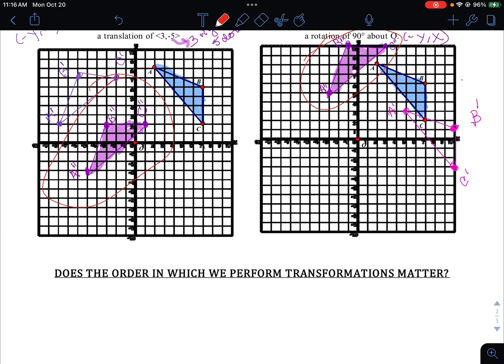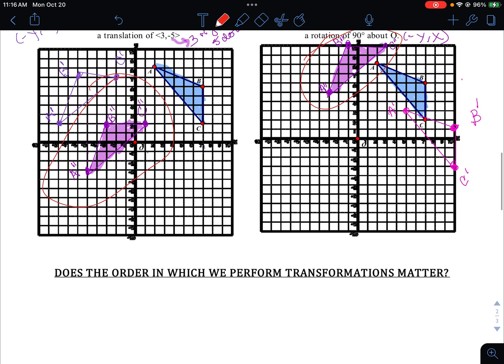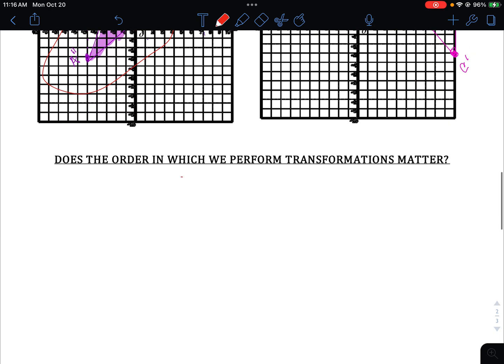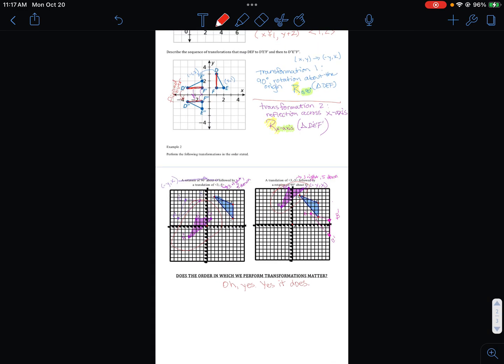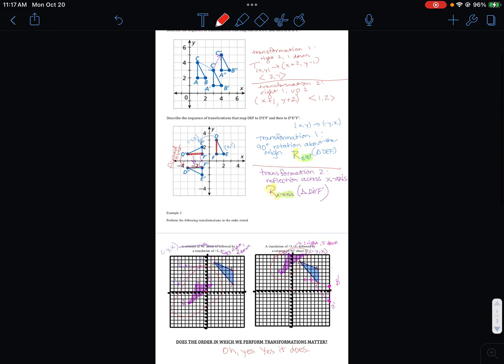They're not going to wind up in the same spot when you flip the transformations. So does it matter? Oh, yes. Yes, it does. So that is the situation with this.